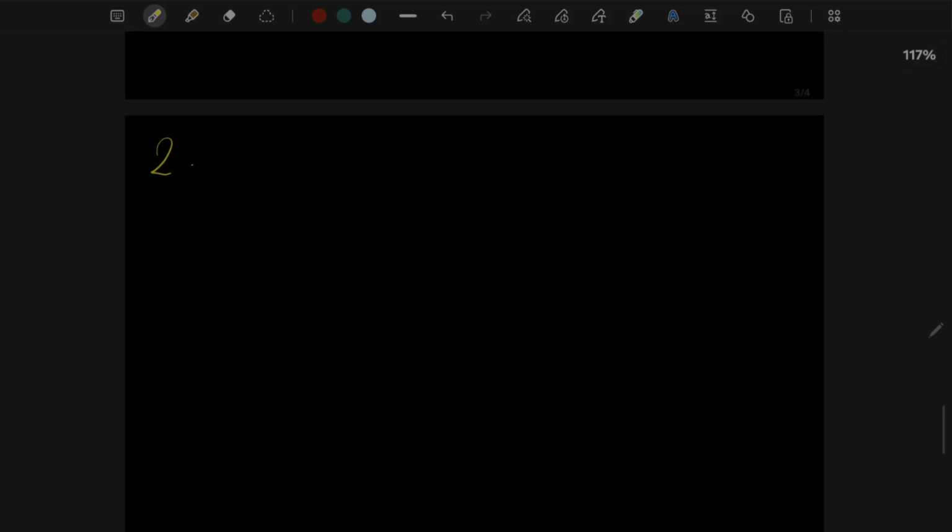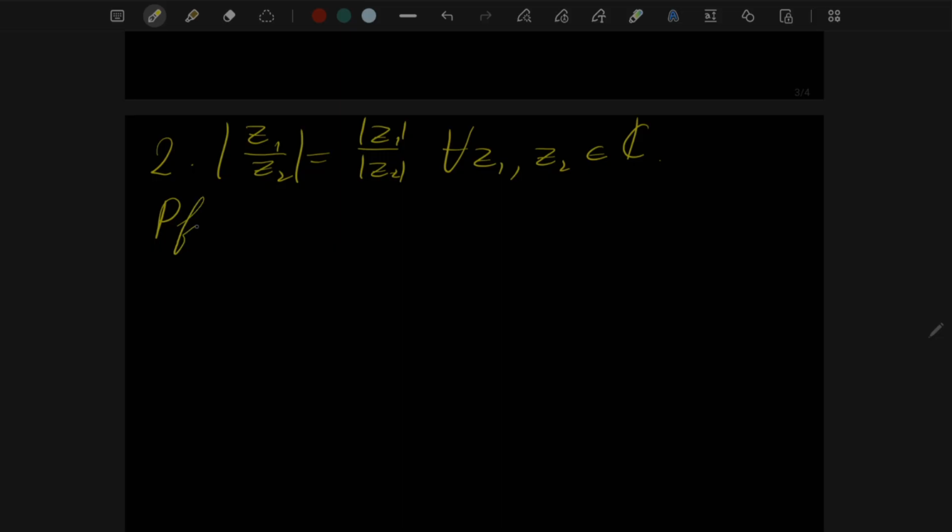The second property is the absolute value of a quotient of complex numbers, z1 over z2. And how do we prove this?